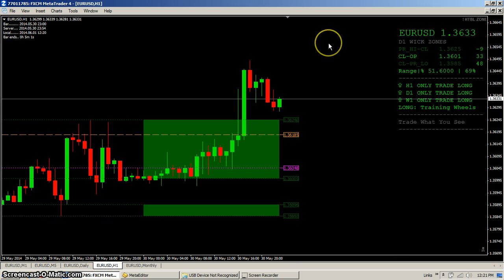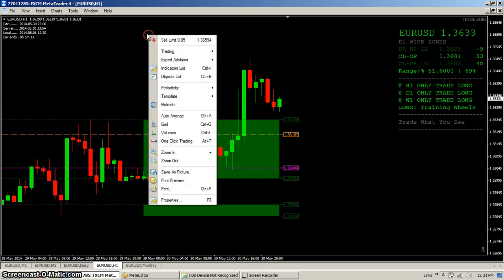And you've probably seen my posts on different forums showing the daily Wick zone, where the daily Wick zone is the area between the previous day's candle body top and high, and the candle body's bottom and the previous day's low.